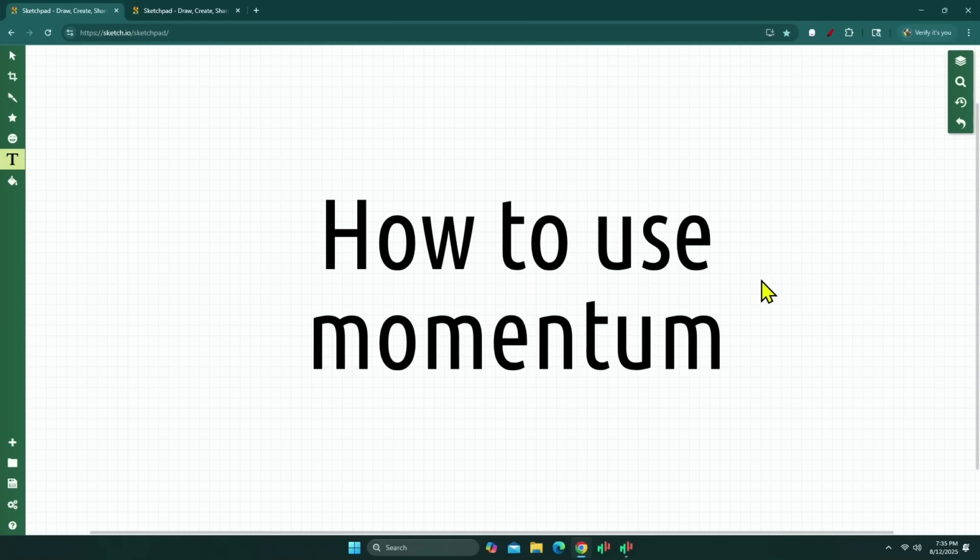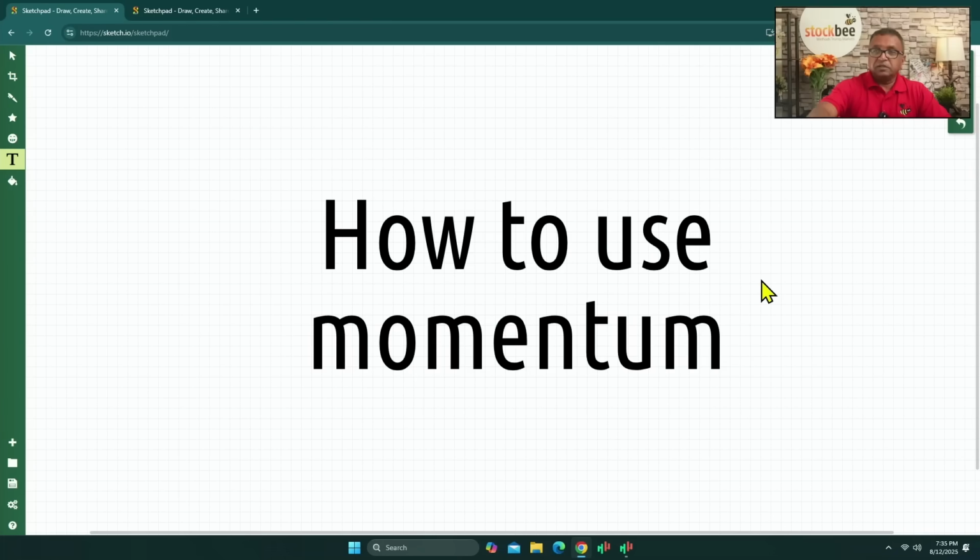In order to do this, you need to understand various ways of using momentum and also a concept in momentum, what is called relative and absolute momentum. Whenever we are using momentum, we can use it as absolute momentum, or as relative momentum.